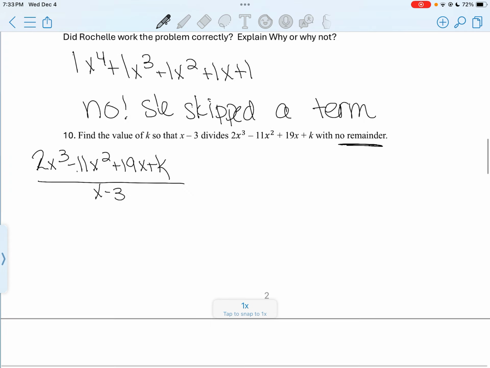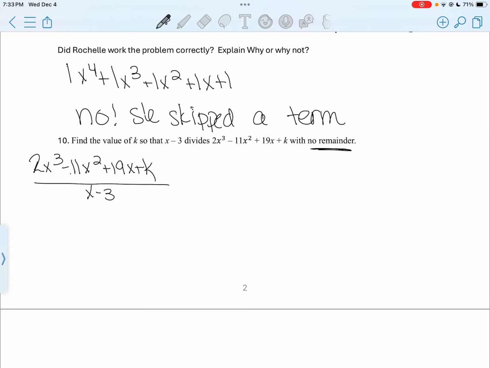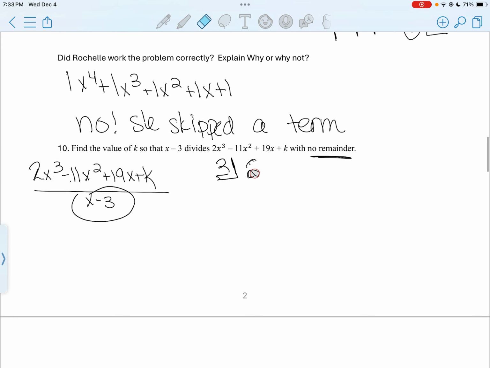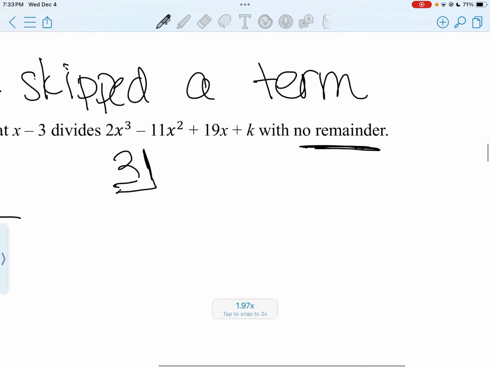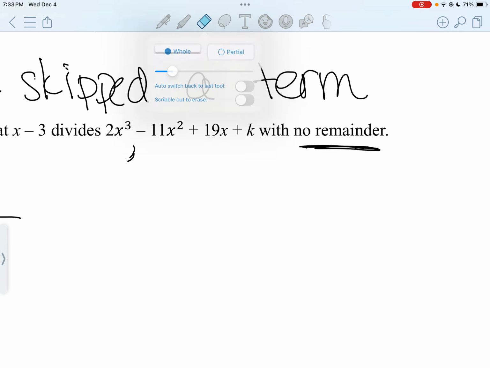All right, so we're going to set this up using synthetic division. In my divisor, I have an x minus 3. The number I'm going to put in that box is a 3. Forgive me, y'all, it worked so nicely at the beginning.